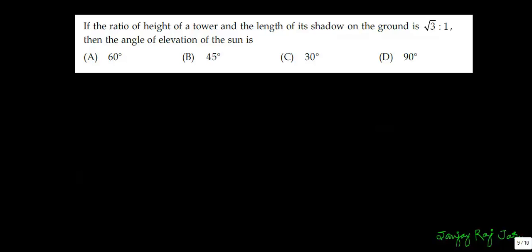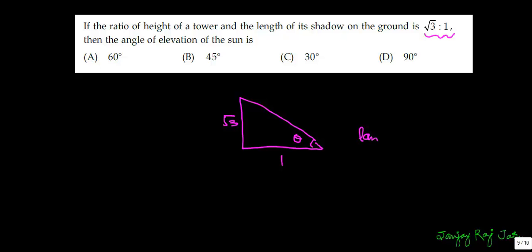If the ratio of height of a tower and the length of its shadow on its ground is root 3 ratio 1, then the angle of elevation of sun. Now again, height of tower and length of shadow, the ratio is given as root 3 and 1, and we need to find this angle theta.